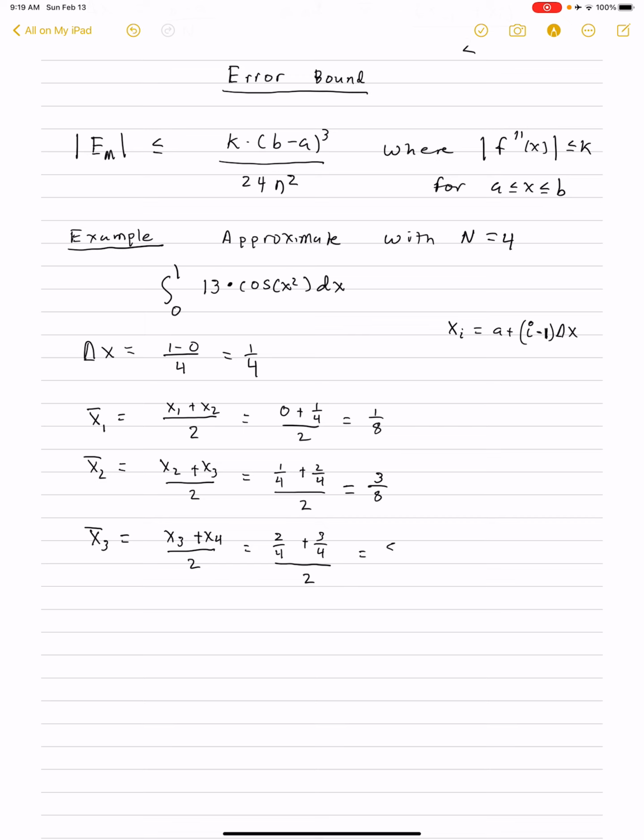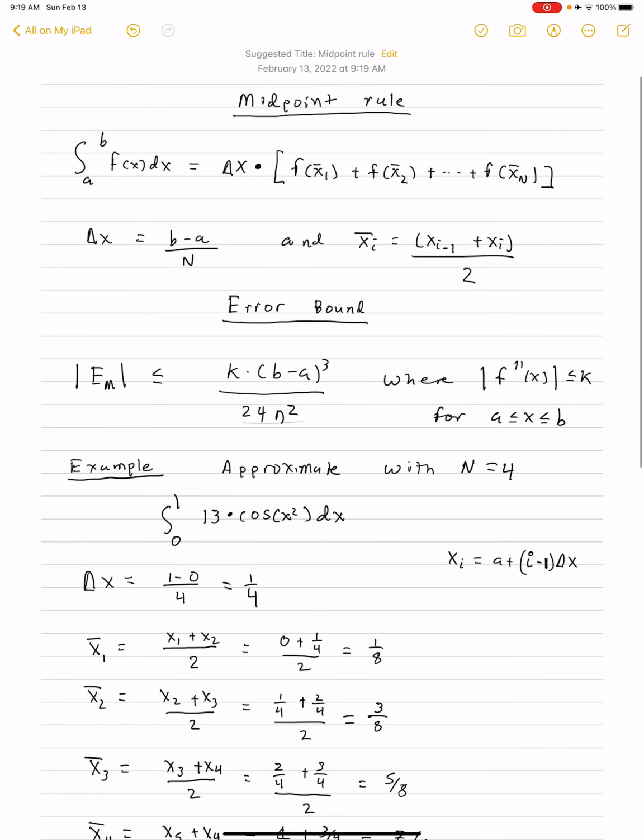So this will be 5/8. Then finally we have x sub 4 bar. This will be x sub 5 plus x sub 4 divided by 2. So this will be 1 plus 3/4 divided by 2, and that will be 7/8.